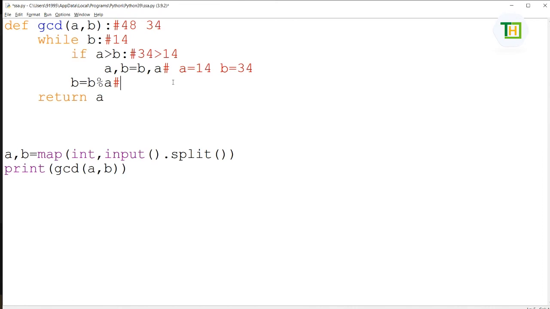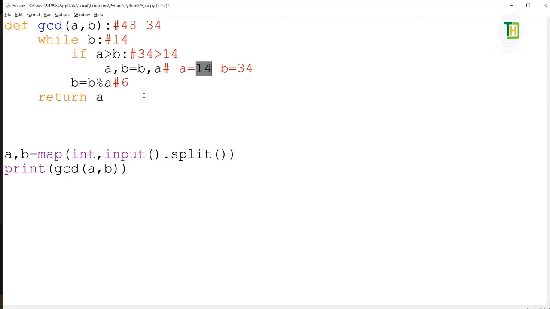Then moving to this line, 34 divided by 14. 14 twos is 28, 34 minus 28, 6. It is going to be 6 now. B value is 6 and A value is going to be 14 here.